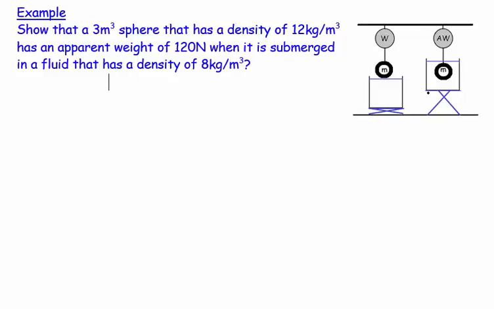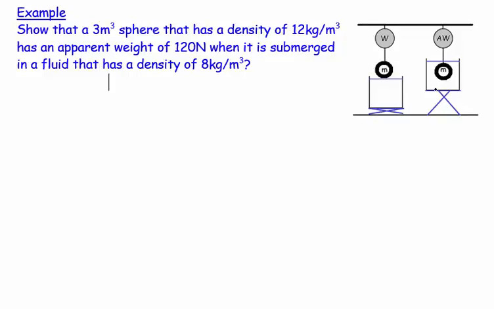But then if I just leave that system where it is but jack up a beaker of fluid so that it surrounds the sphere, I'll find I get a lower reading of weight, and that's called the apparent weight. So I'm looking for the value of this apparent weight when the sphere in this case is surrounded by fluid.